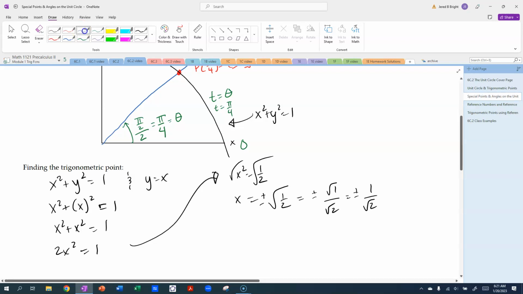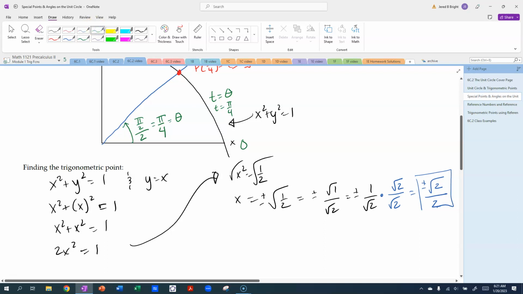Then rationalize this: if you want a whole number in the denominator, multiply by the square root in the denominator to both numerator and denominator, and you would get plus or minus the square root of 2 over the square root of 2 times the square root of 2, the square root of 4, also known as 2. So we're going to go with that.